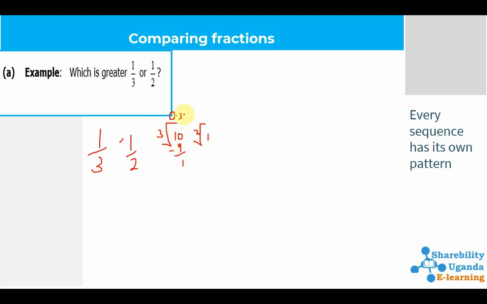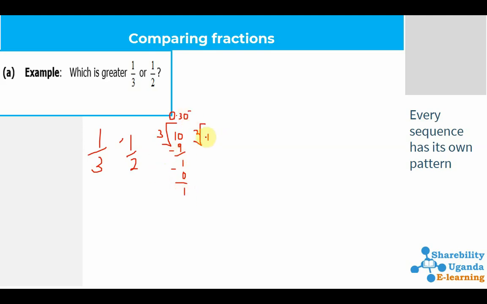Impossible. We put a 0. Because we have a point here, we say 0 times 3, we get 0. Then when we subtract, 1 minus 0, we get 1.